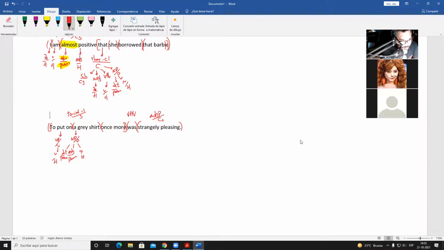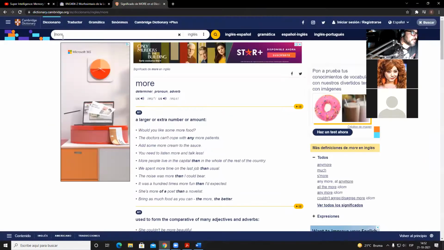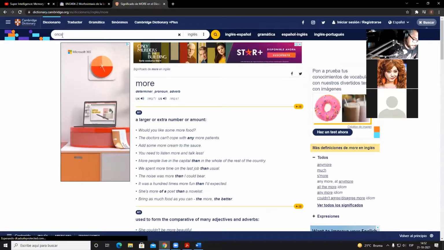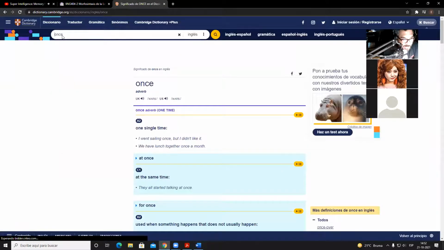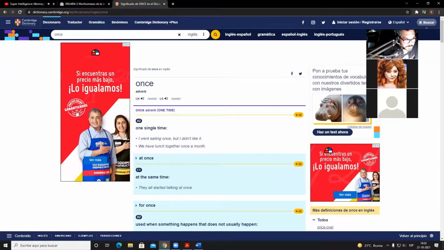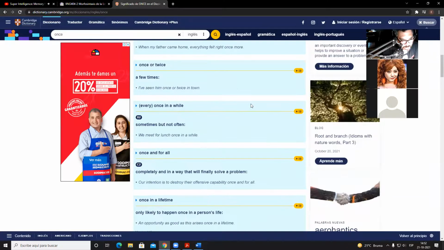Encuentro yo al menos, por el sentido que pueda tener, once está premodificando more. That's true. I have few chances. Okay, determiner. If once is a determiner, it's an adverb. Interesting. It's not a determiner. I thought it was an adverb.